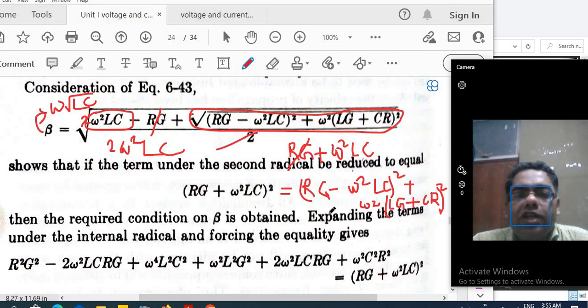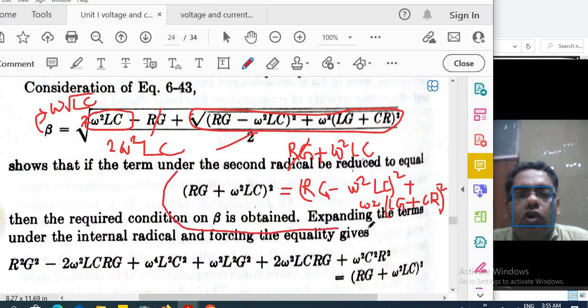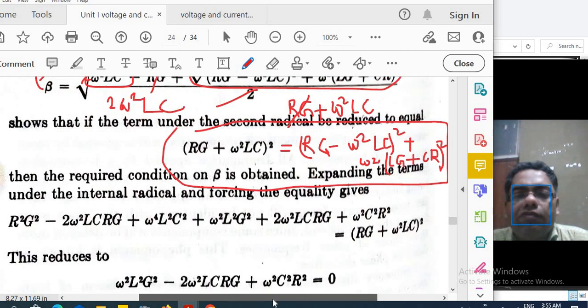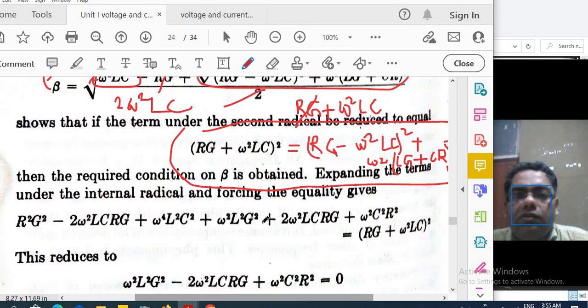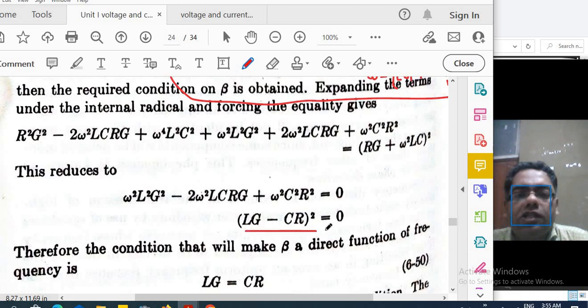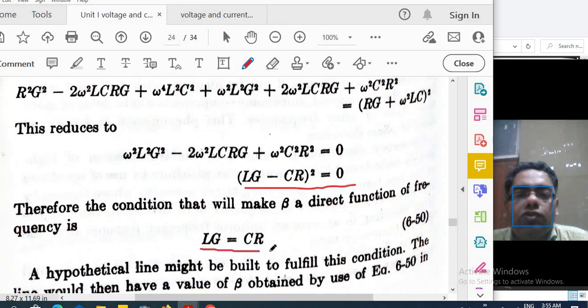If I rearrange this equation, it reduces to this form: Lg minus Cr square equal to 0. That means Lg equals Cr.